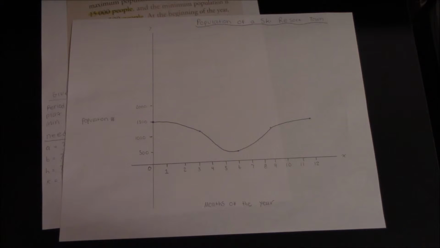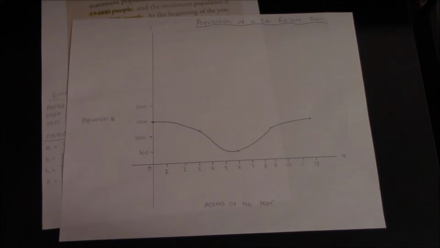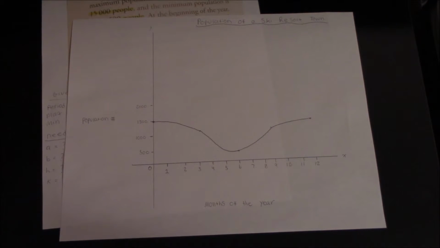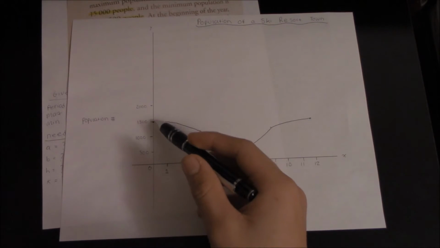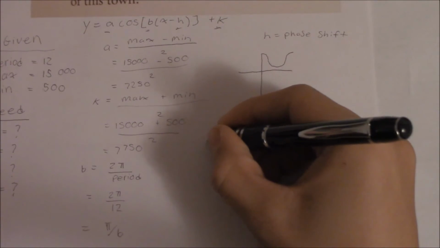Now, as you can see, it starts at the maximum above the origin and has not shifted to the right or the left. So, in this case, the h value is 0 because there's no phase shift to the right or the left.